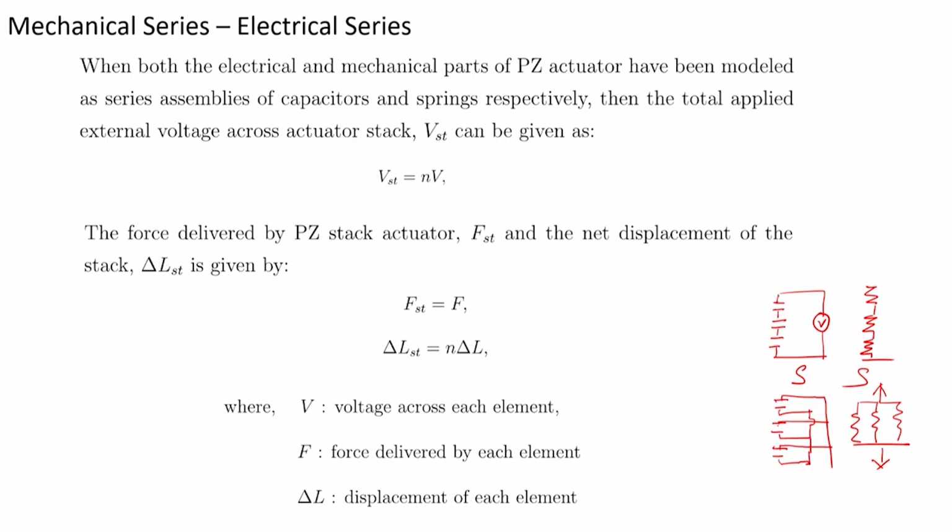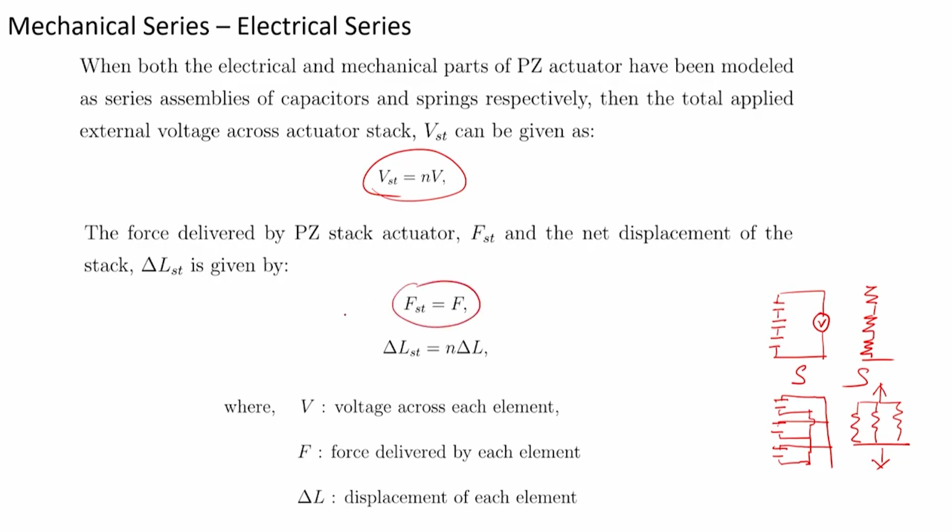So, for this series system, VST is N times the voltage, that is the total applied external voltage in the system, that is N times the voltage. N is the number of layers that is there, and V is the voltage at each one of these points. And what is the force here? FST.